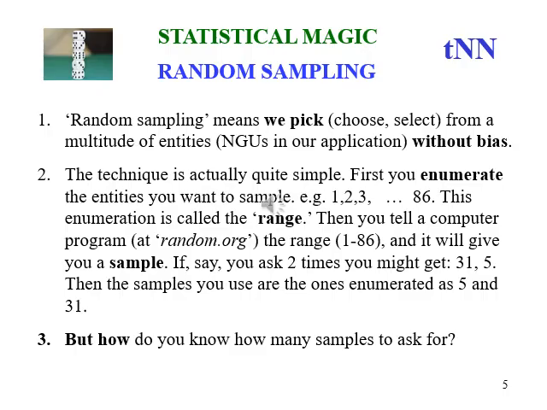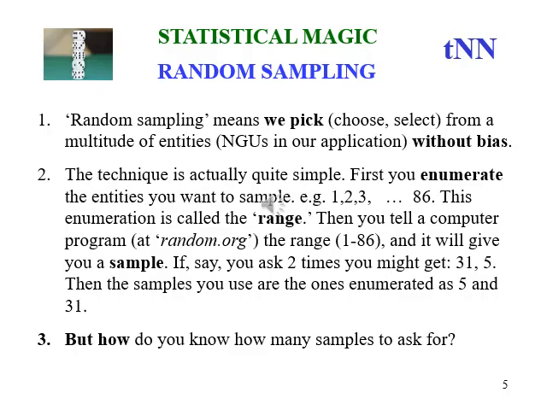Then you tell a computer program, there's one at random.org, the range. Well, in this case, it's 1 to 86, and it will give you a sample. And if, say, you ask 2 times, you might get 31 and 5, which the program came up with by doing its random sampling technique.